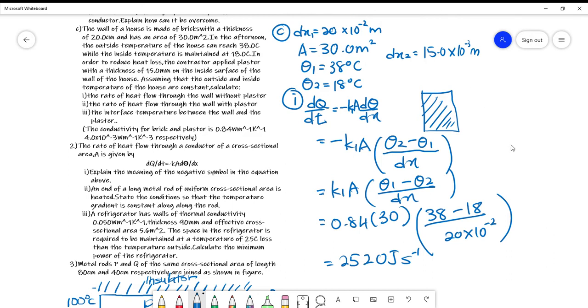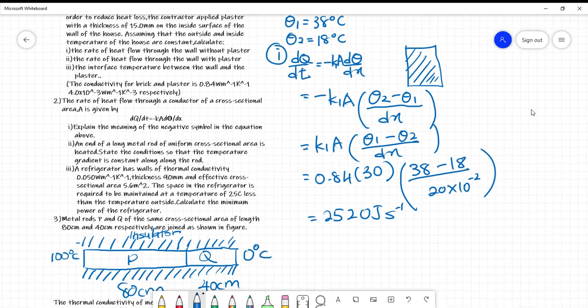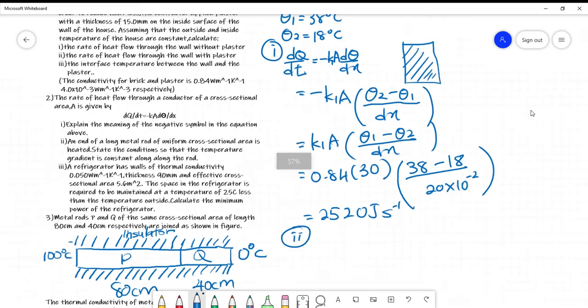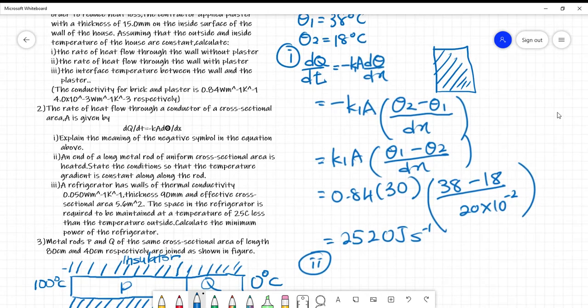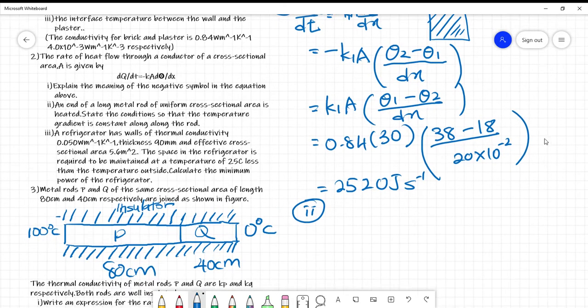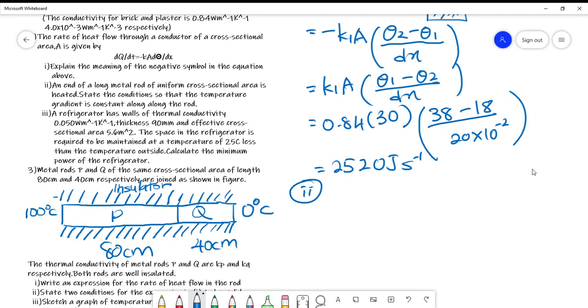Okay, so for part 2, let me zoom in. Calculate the rate of heat flow through the wall with the plaster. So after that, the contractor added the plaster.